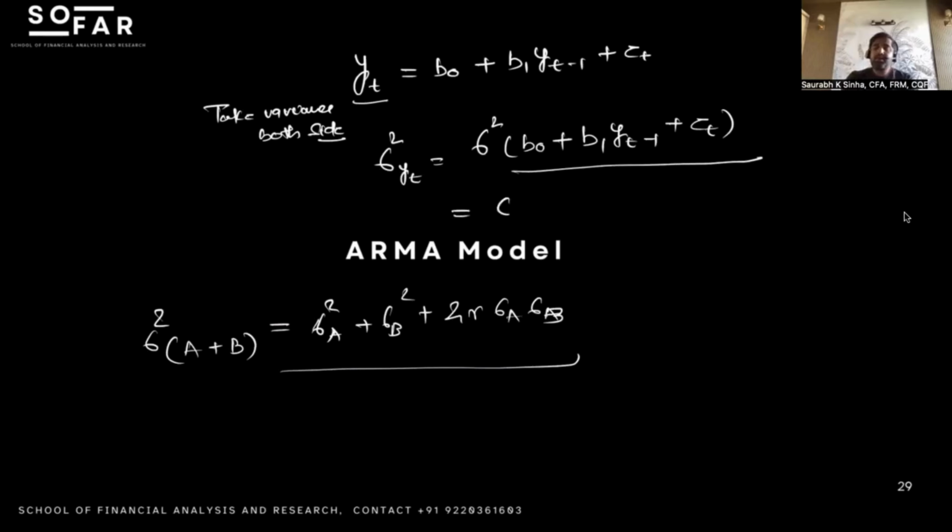Cool. So variance of beta naught square plus variance of B1 into YT minus 1 plus variance of error term.